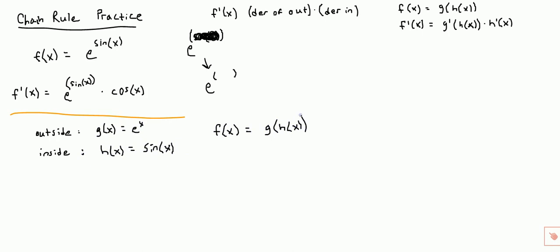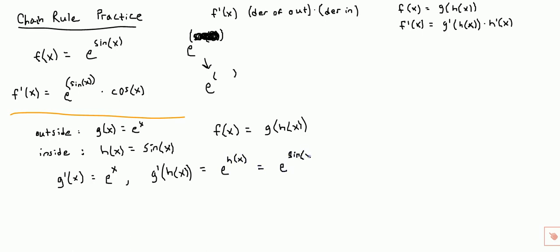And we need two pieces. We need g prime of h of x, and we need h prime of x. Okay, so g prime of h of x. First we take g prime of x. The derivative of e to the x is e to the x. So then g prime of h of x is equal to e to the h of x, and that is equal to e to the sine of x.